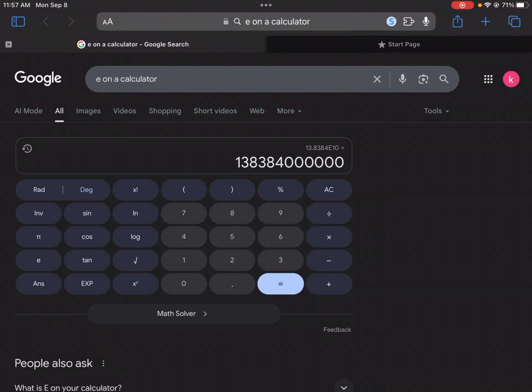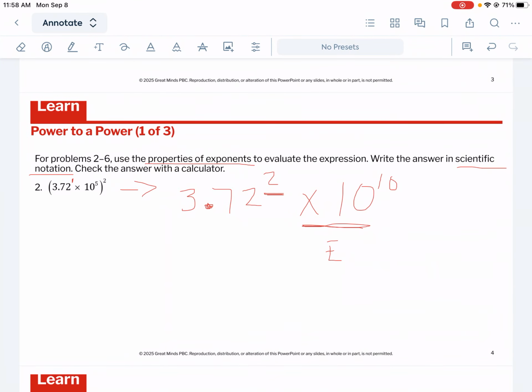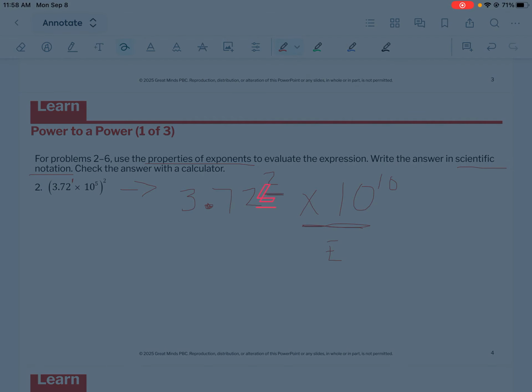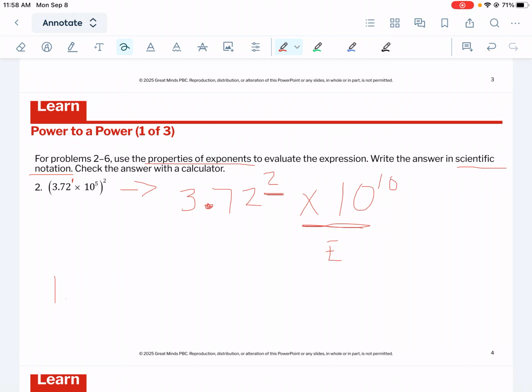Counting 1, 2, 3, 4, 5, 6, 7, 8, 9, 10, 11 decimal places. I'm going to round it up to 1.38 because we don't need the whole decimal. That gives us 1.38 times 10 to the 11th power.